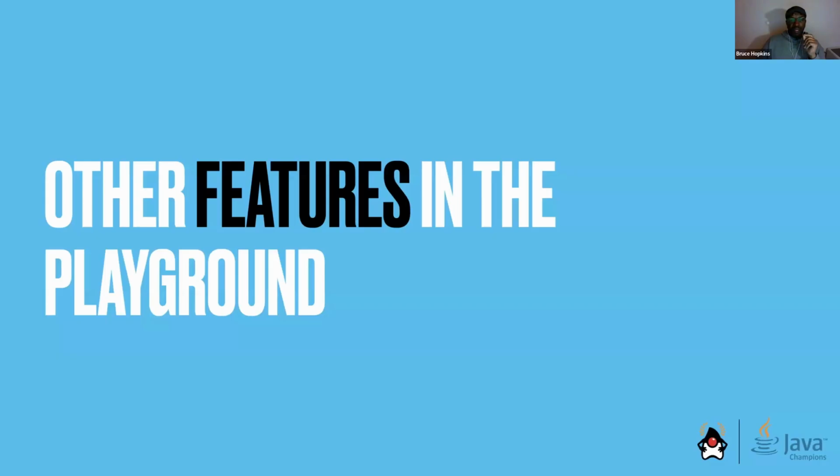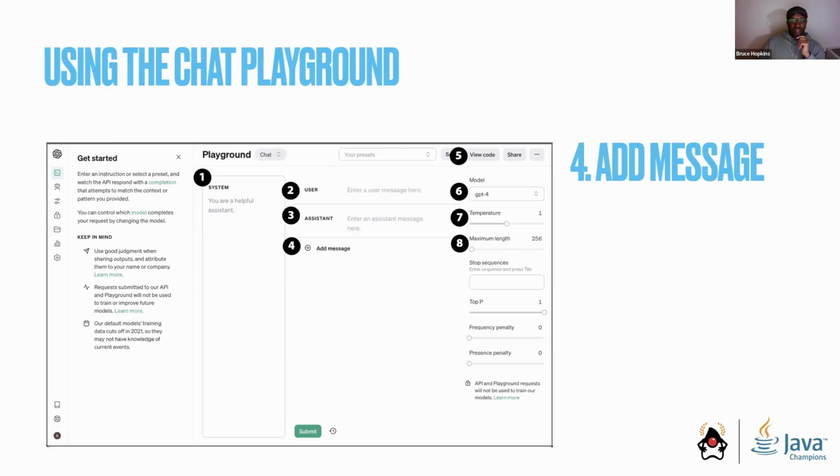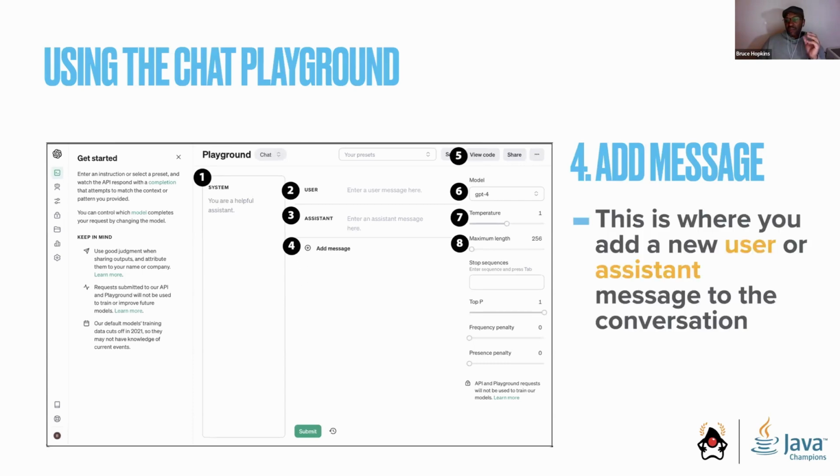Now, the other features available in the playground. Item number 4 is the add message. What this button simply allows you to do is to add a new user or assistant message to your conversation.